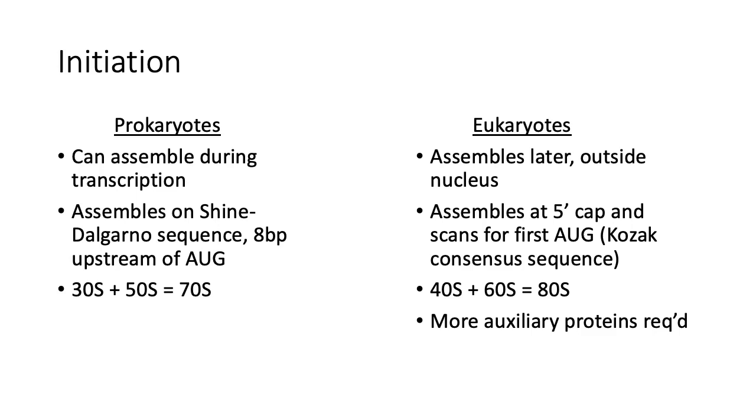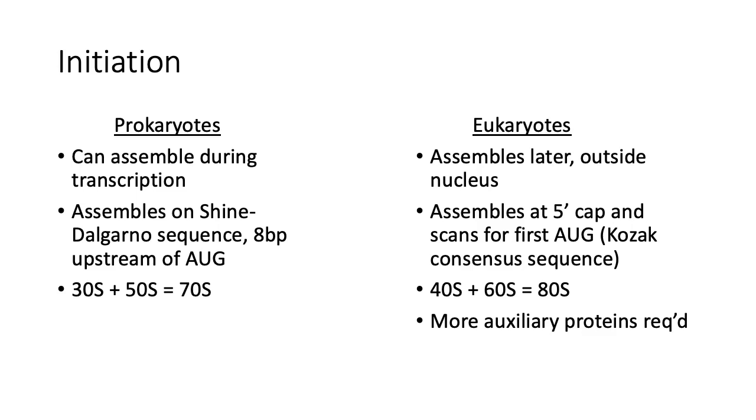And then there's one more base after it, and it's almost always a G. You don't have to memorize what the Kozak sequence is. It is not a specific 8-base long sequence. There's always an AUG here, there's almost always a G there, and then the first four nucleotides are, generally, of this type of thing.